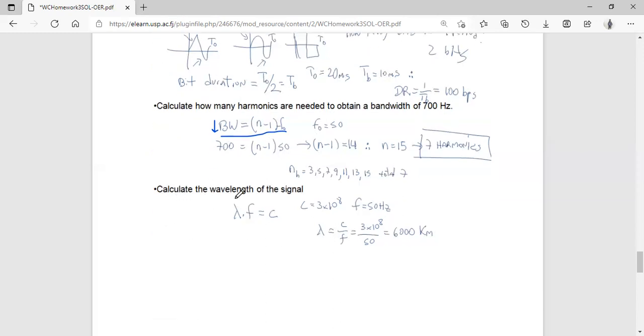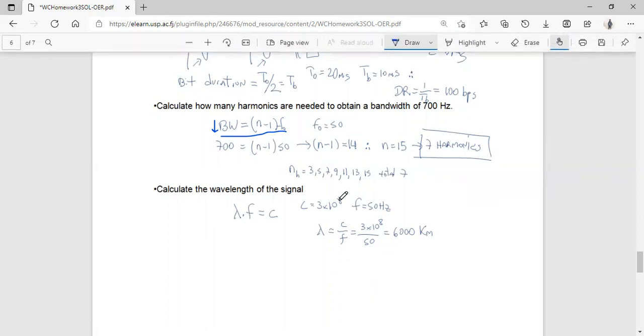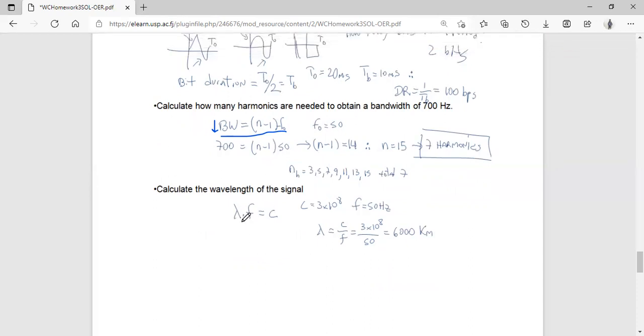Now calculate the wavelength of the signal. So wavelength is basically given by lambda times f is equal to c. c is basically equivalent to the speed of light, isn't it? So lambda is my wavelength, right? So lambda times f is equal to c. c is my speed of light.